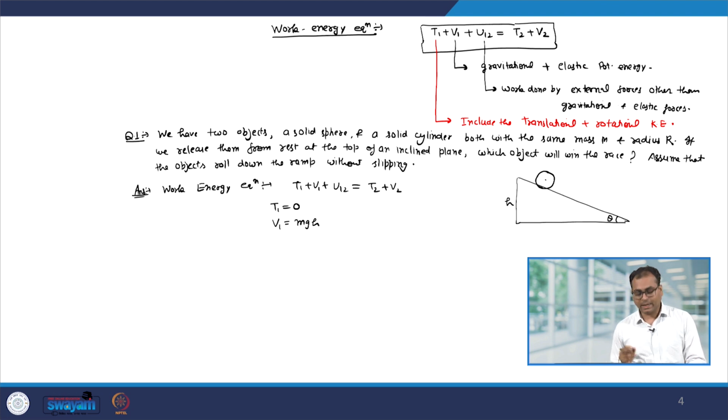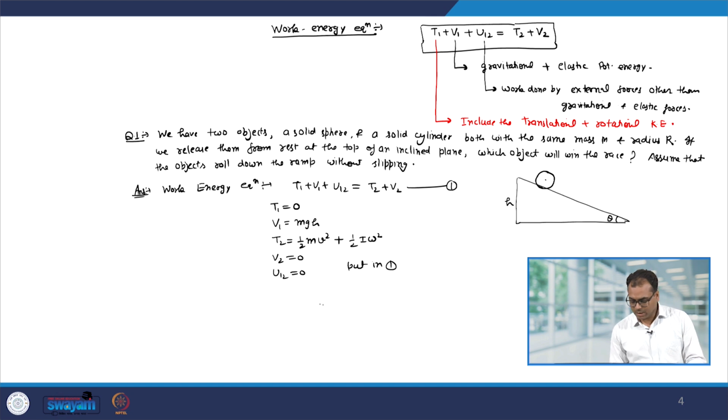Now, the final kinetic energy T2 will be half m v square, so this is the translational kinetic energy, plus the rotational kinetic energy will be half I omega square. Okay. And finally, V2 will be 0, U12 is of course 0. So, let us put this in equation number 1.